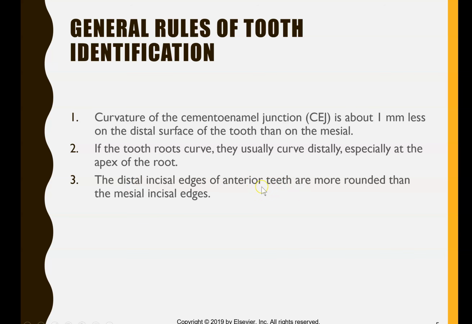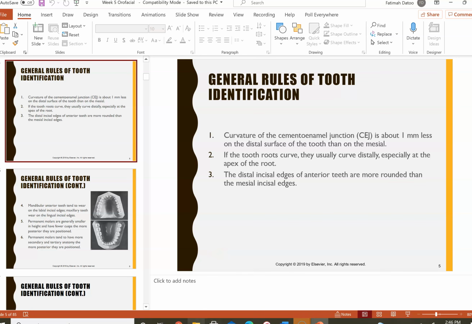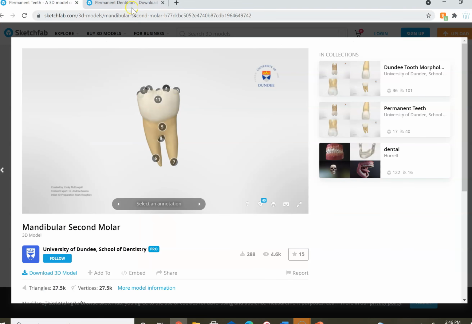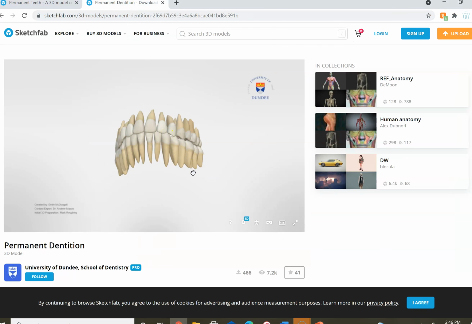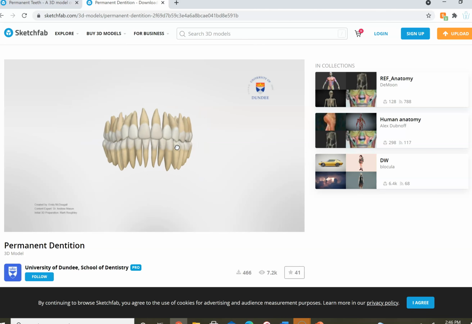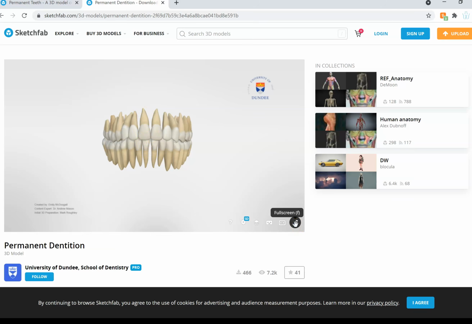In the anterior teeth, the distal incisal edges are more rounded than the mesial incisal edges. What does that mean? Let's look over here at the permanent dentition. This is the midline right here. If I'm looking at these teeth, I'm going to make it bigger so we can see better.